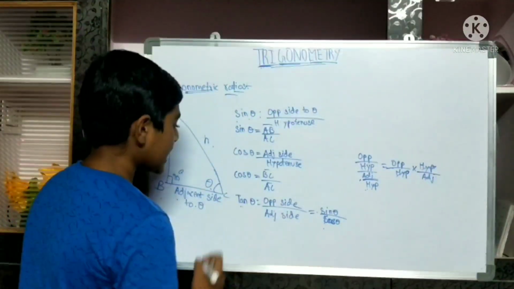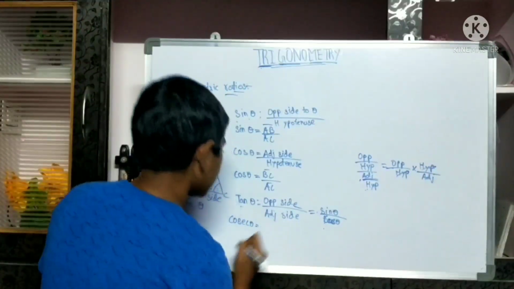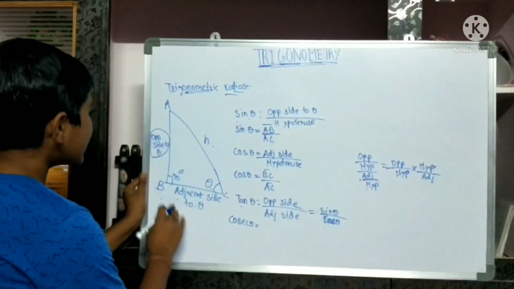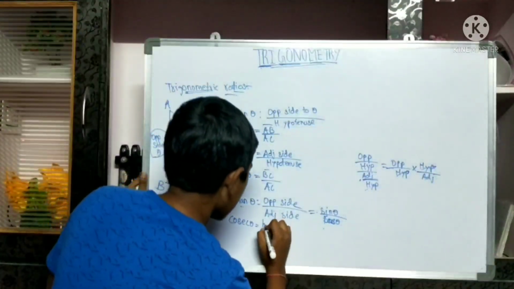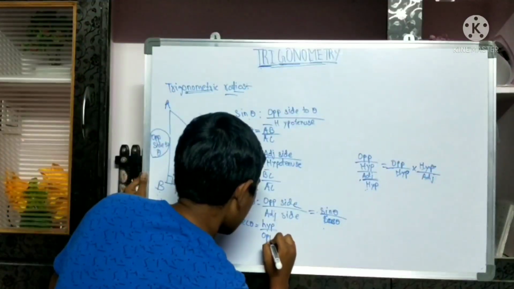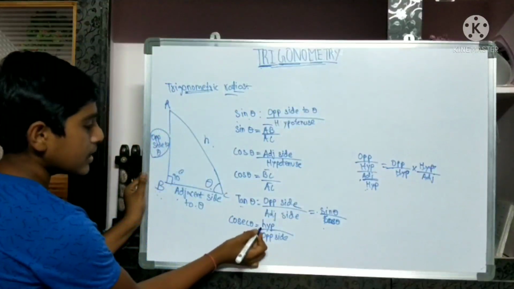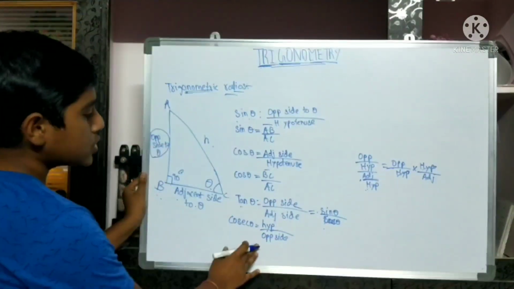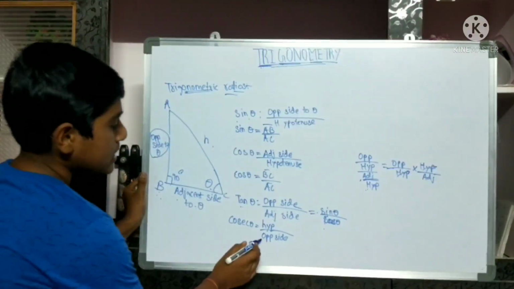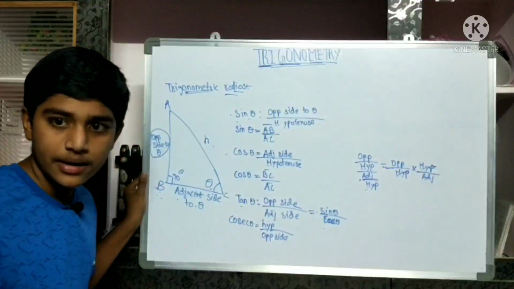And next one is cosecant theta. What is cosecant theta? Cosecant theta means the hypotenuse by opposite side. See here we know the values of sin theta, cos theta and tan theta.